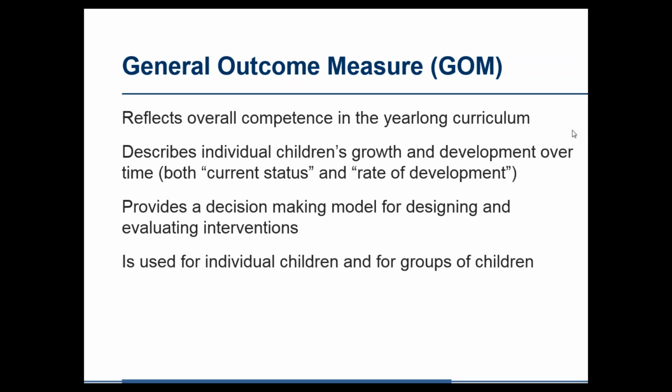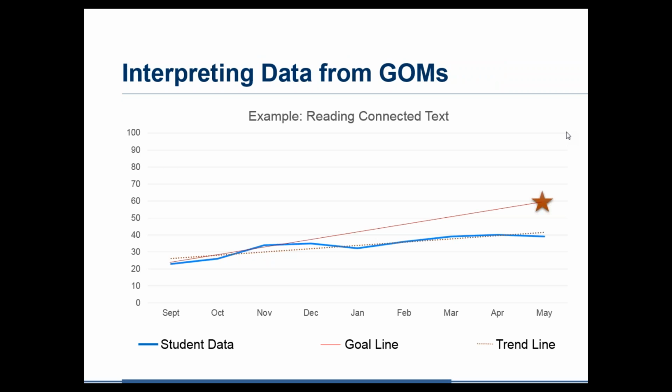In addition, GOMS provide a decision-making model for designing and evaluating interventions. It can be used for individual students or for groups of students. When graphed, weekly GOMS are compared to a predetermined expected growth per week and an intervention goal.